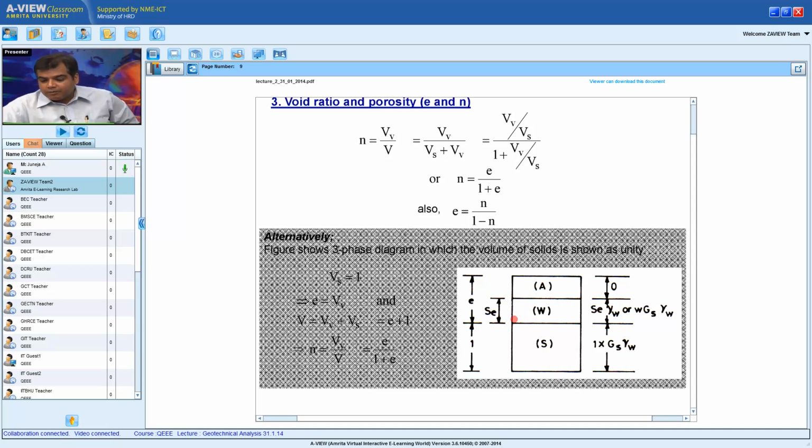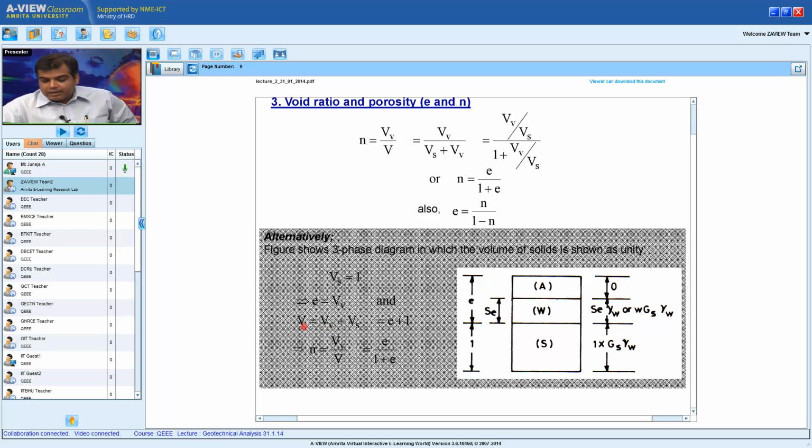The volume of voids would be equal to the void ratio e. By definition, void ratio e equals volume of voids over volume of solids, and volume of solids has been taken to be 1. So in other words, volume of voids is void ratio e.